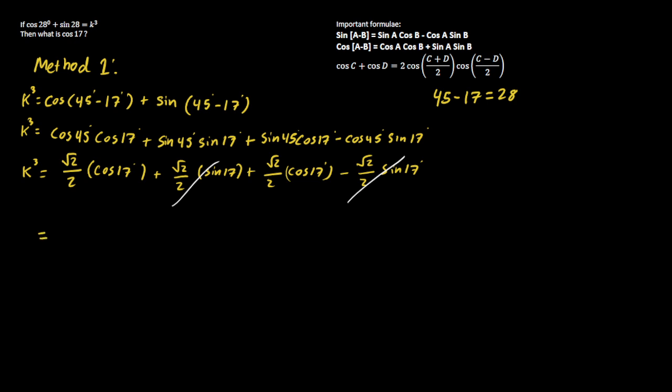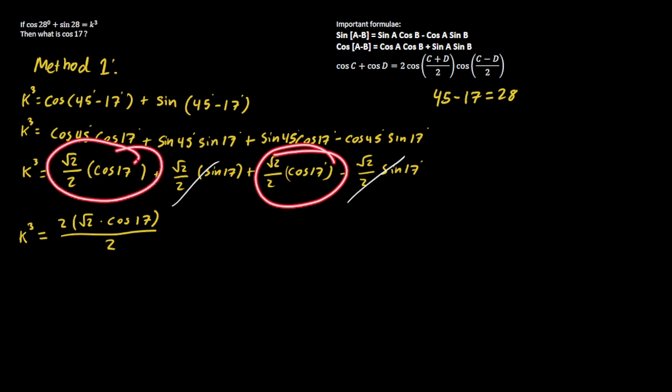So that leaves us with k cubed is equal to 2 times root 2 cos 17 all over 2. Because both of these are root 2 cos 17 over 2, and since they're the same thing, you can just write 2 root 2 cos 17.